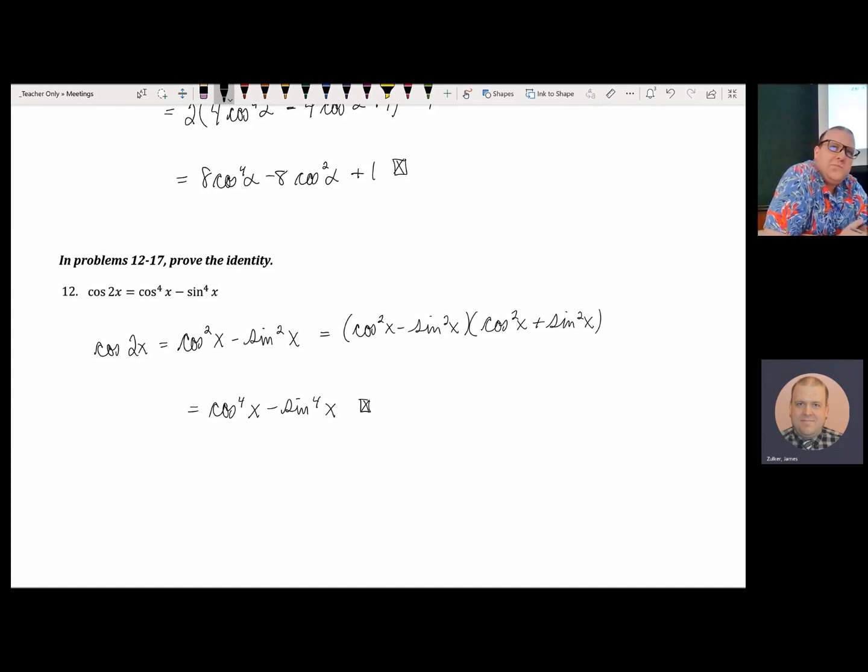So we're done. Notice this had a side effect of proving also that cosine squared minus sine squared is equal to cosine to the fourth minus sine to the fourth.